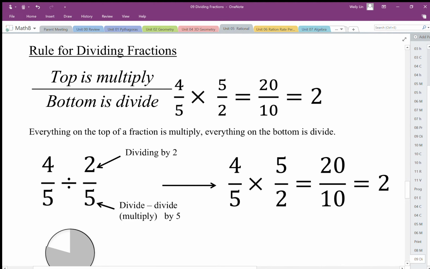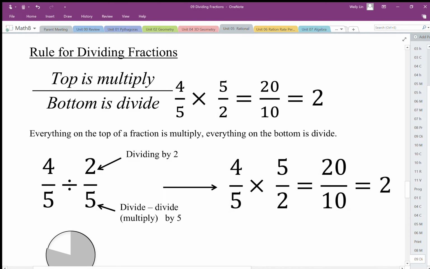So when we talk about fractions in general, this is a good generalization. The top is multiplication, so anything we put in the numerator is multiply, and the bottom is divide. So when we multiply two fractions together, as long as the top is multiplication, we can just do top times top, and since both bottoms are divide, we keep them in the denominator and do bottom times bottom, and that gives us the right answer.